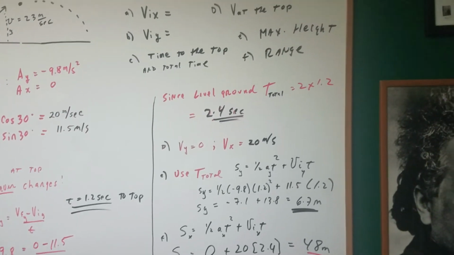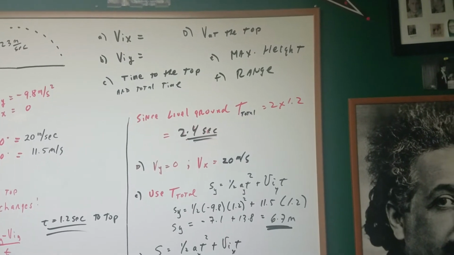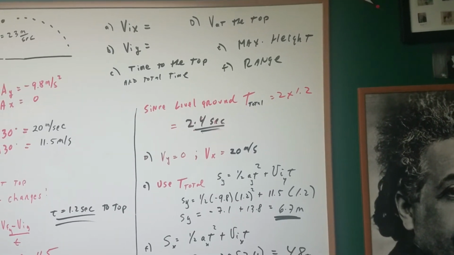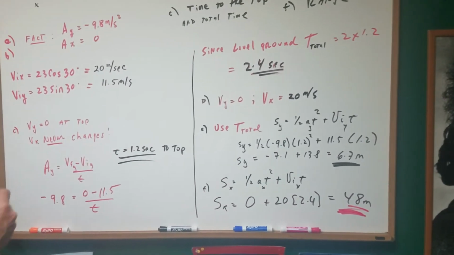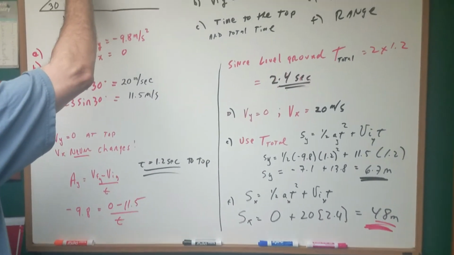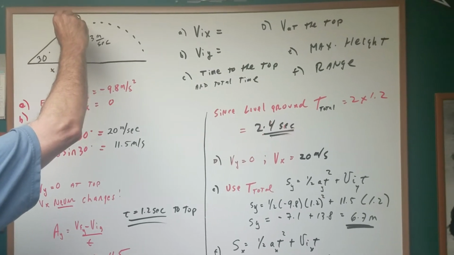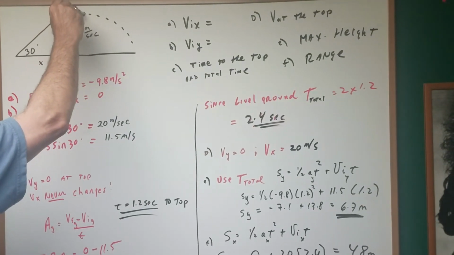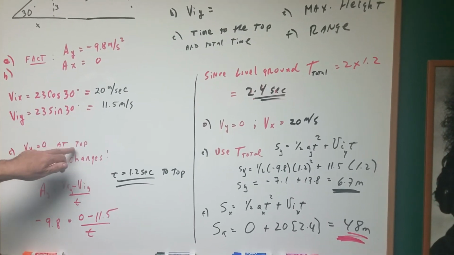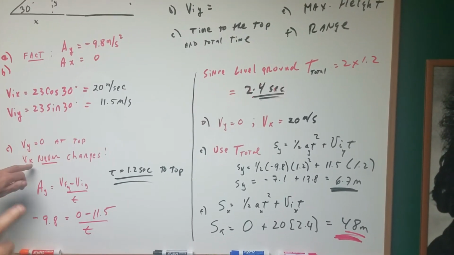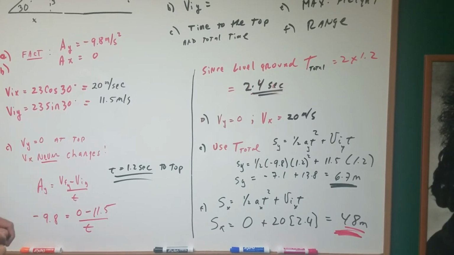How about C? What would be the time to the top and the total time? Here's the trick to this. First of all, at the top of the projectile, watch the motion. The motion is going to go in the x direction. So the velocity in the y direction is 0 at the top, but the x never changes.